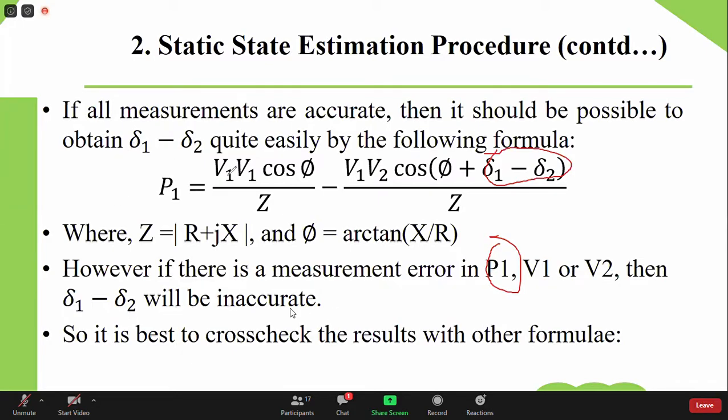See here, if you have not measured P1 correctly, or V1 or V2 correctly, then you will not get the accurate power system state.